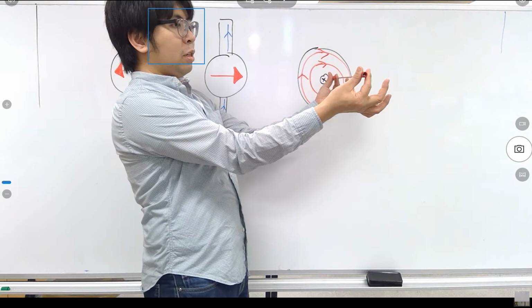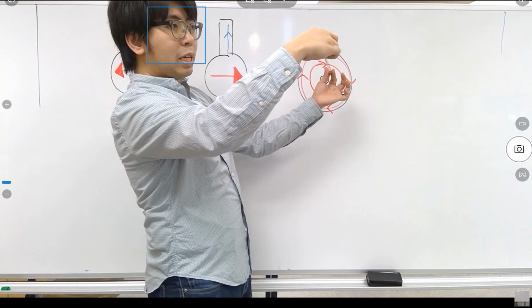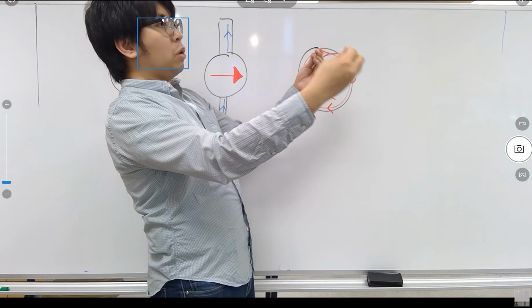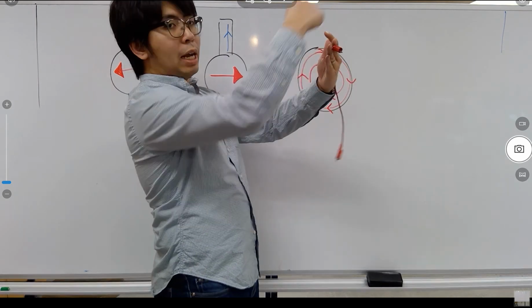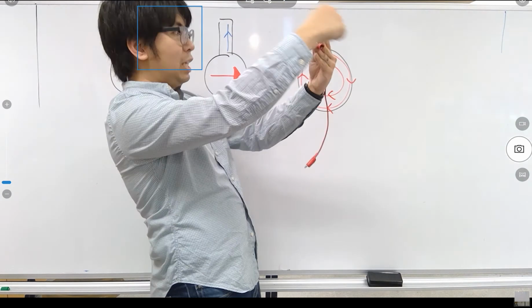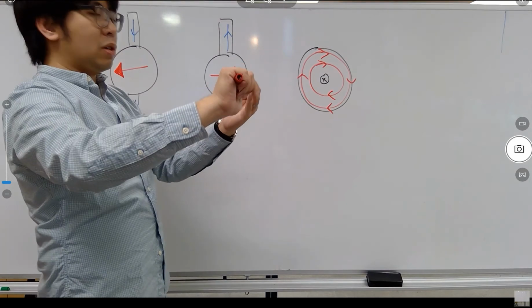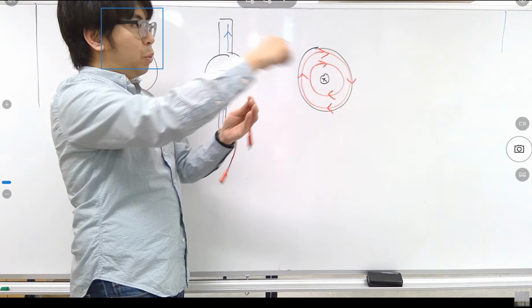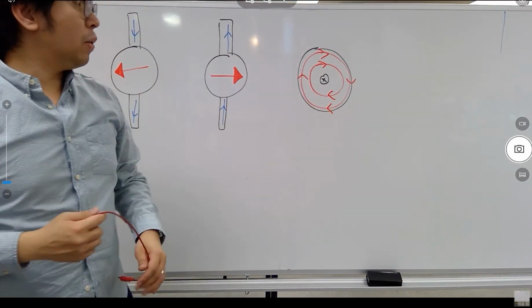You're looking at the wire from the tip of it, and current is going into the page, so you have a magnetic field that goes around the wire like this. Before we were looking at it this way, now we're looking at it this way. That's why it goes around. If your thumb is in the same direction as the current, then your fingers wrap around with the magnetic field. This is the direction of the magnetic field of that wire.